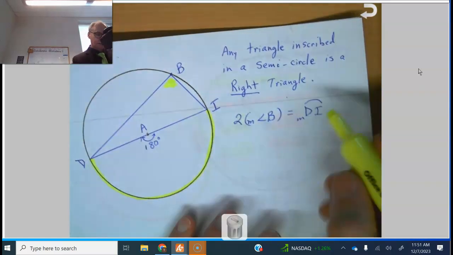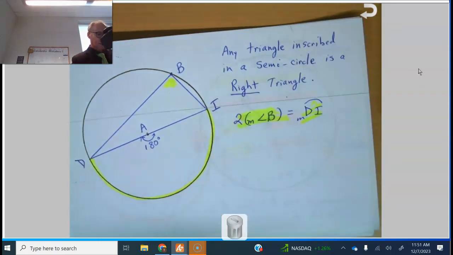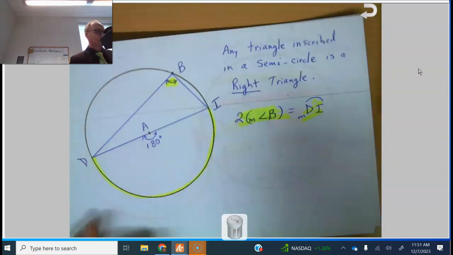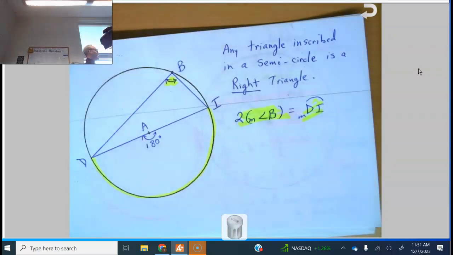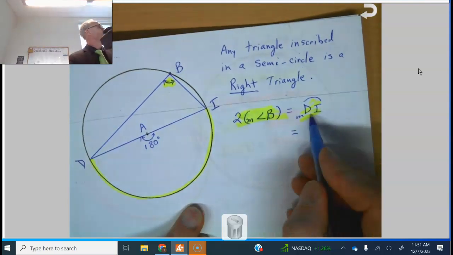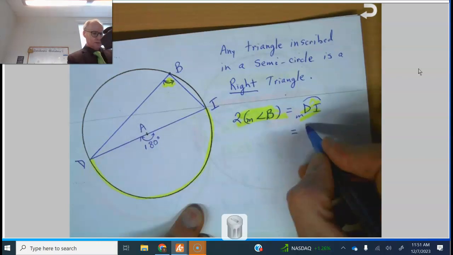It just makes it a little bit easier to read for me anyway. This angle B, if I double it, I get the arc. How big was the arc? This arc is 180. It's half of a circle.